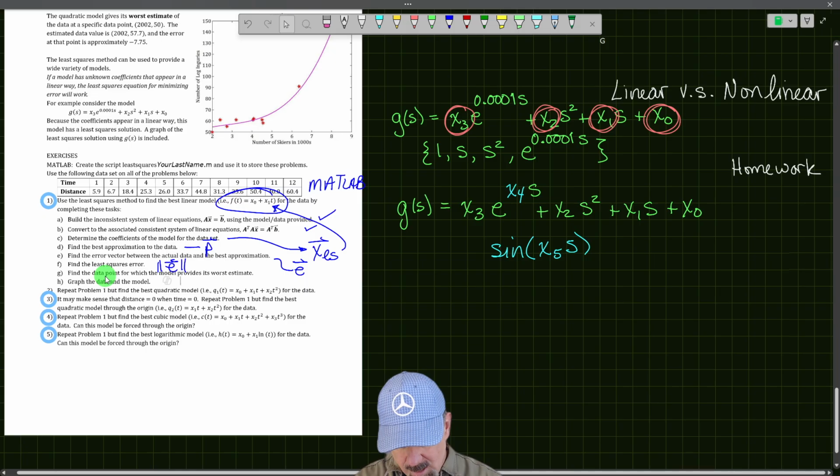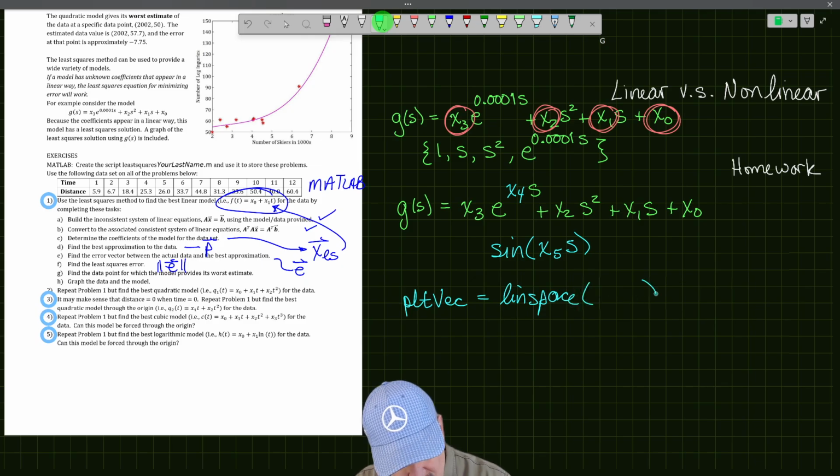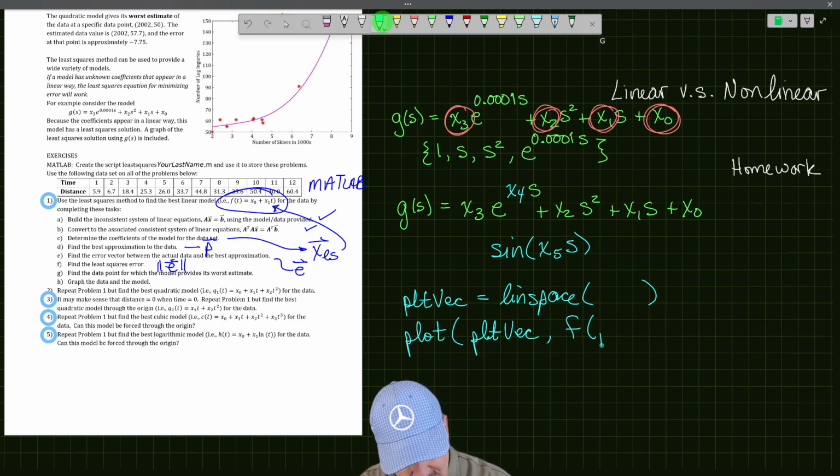And that'll be done again in MATLAB. It's nothing difficult, right? We can just set up a plot vector and use the linspace command like we always do. And once we have that, it's a simple plot of the plot vector, which is our set of inputs, and then our model, which would be f at the plot vector.